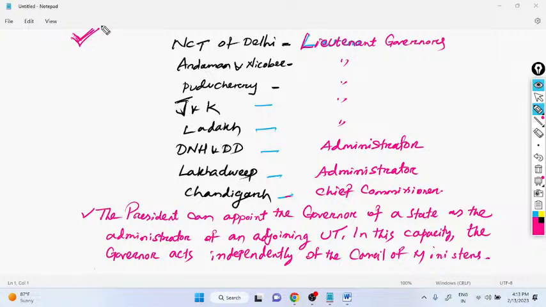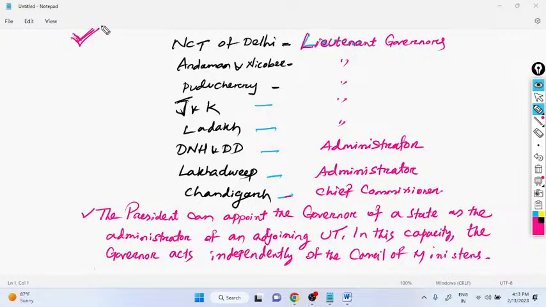Okay. So whenever governor acts as the or appointed as the administrator of an adjoining union territories, he is constitutionally authorized to act independently of the Council of Ministers, because the Council of Ministers belongs to the state, not to the union territories.